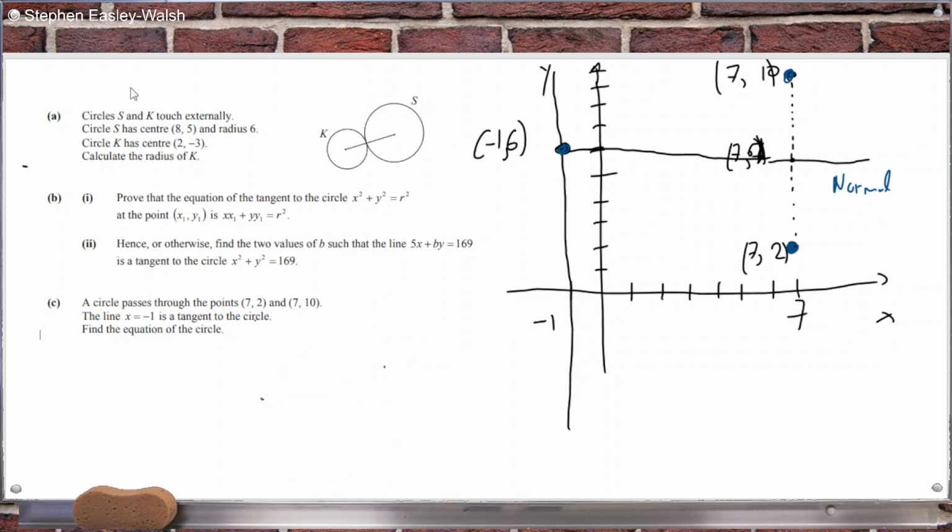So there's some point on this line that will make this distance equal to this distance, which is supposed to be the radius of the circle. This total length here is 8 units. So if that's r, then this distance here will be 8 minus r.